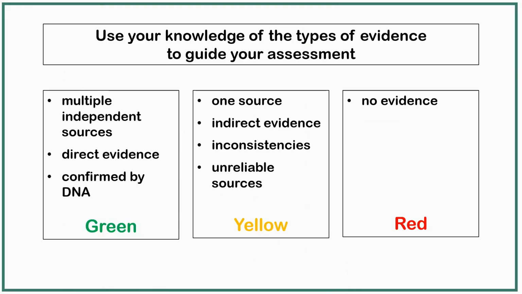I'll give you some examples from my own family tree, which demonstrate how you evaluate the evidence to determine whether to mark a person and relationship as green, yellow, or red. But before I do that, here are some tips for the assessment based on the nature of the evidence.